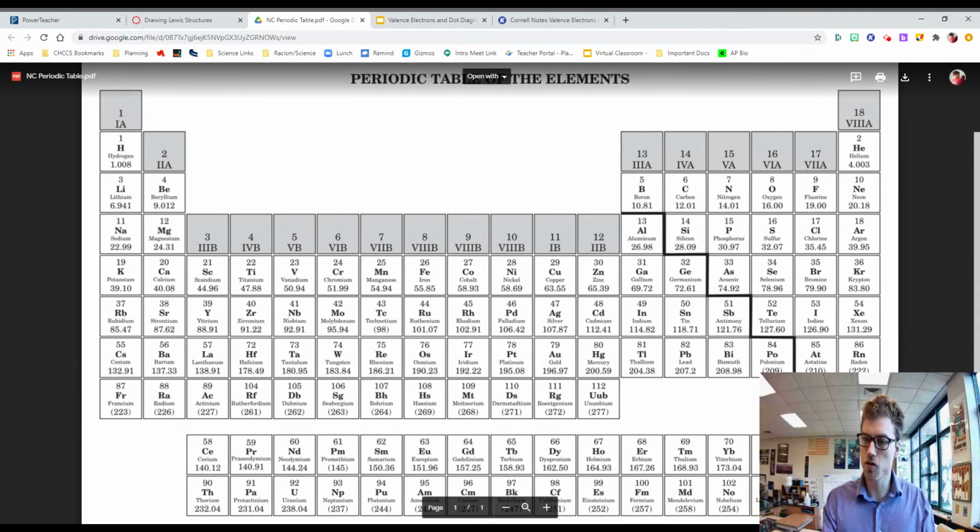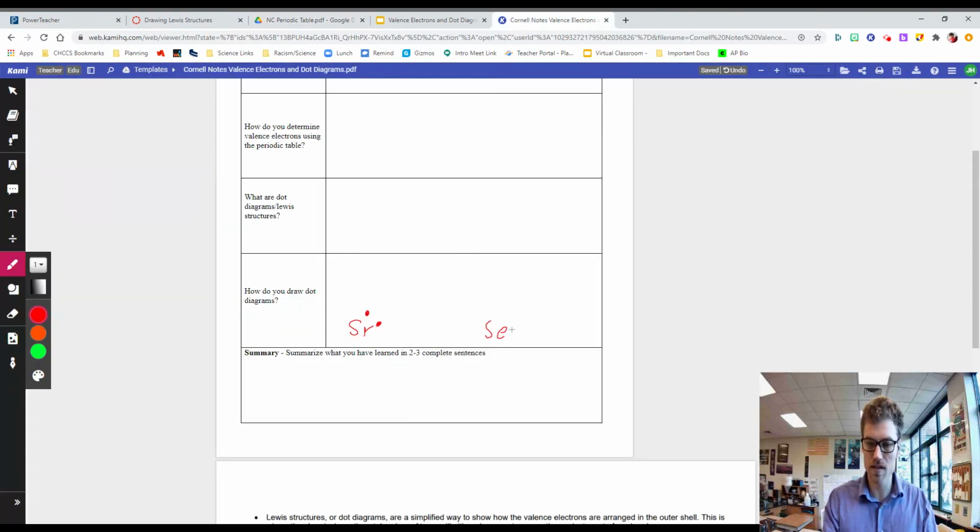We go up. It is in group 6A, and 6 means that it's going to have 6 valence electrons. So that is 1, 2, 3, 4, and this is where we start pairing things off, 5 and 6. So that is the way that we are drawing our valence electrons for selenium.